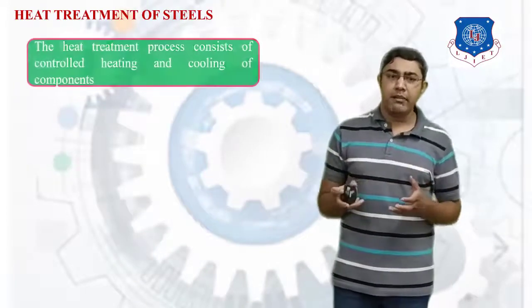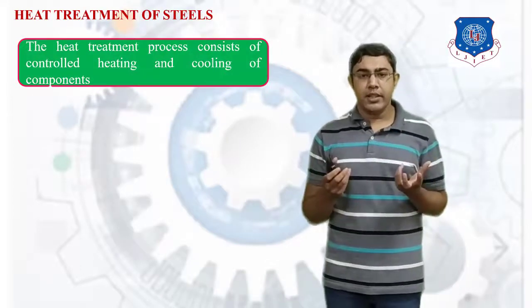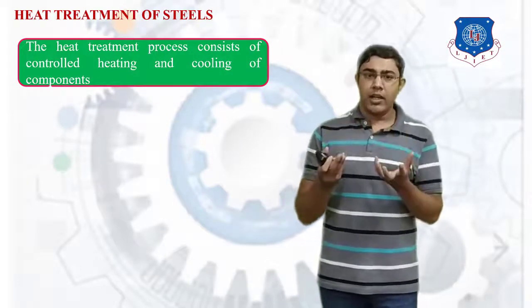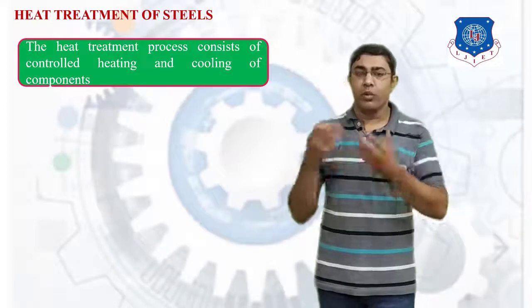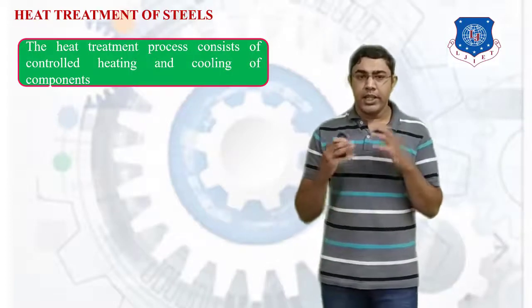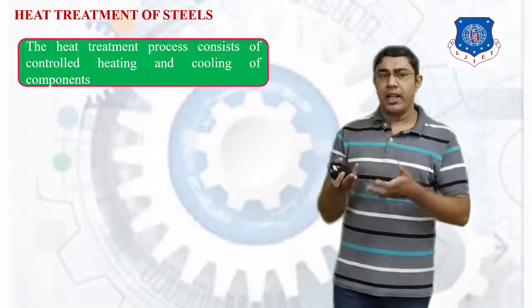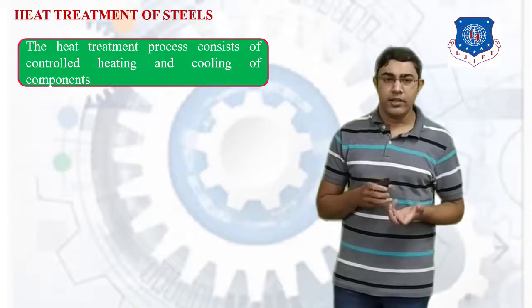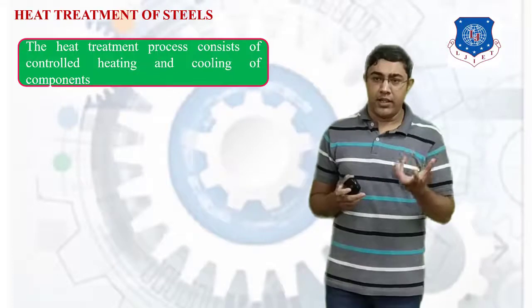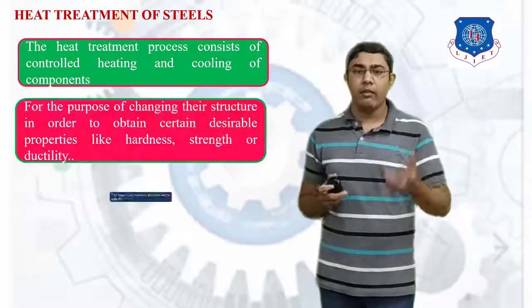So what is heat treatment? Heat treatment is nothing but the controlled heating and cooling process. The heat treatment process consists of controlled heating and cooling of a component. So why is heat treatment done on the component?